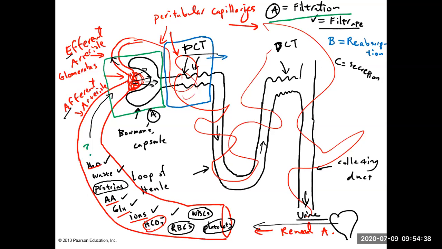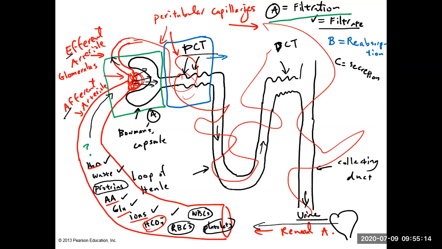Secretion of things such as toxins, drugs, things that are still unwanted can happen in this particular tube as well, and this is called tubular secretion. It relates to the things that you've got to get rid of.